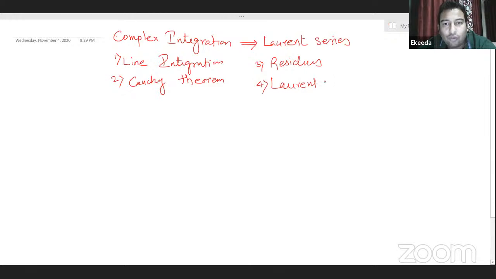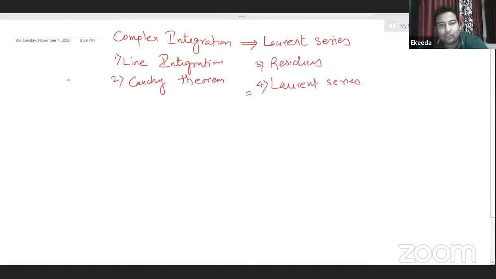So these are the four chapters under complex integration. We today will discuss Laurent series, and in the next live streaming, we'll discuss the remaining topics. So starting with the first topic, Laurent series. It's an individual topic, not related to any other topic, and it surely comes in the exam.